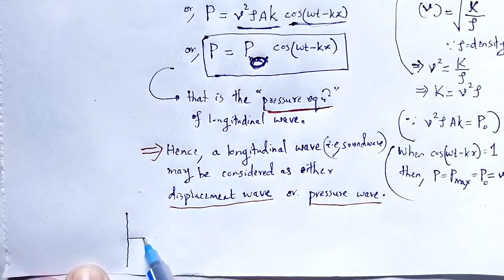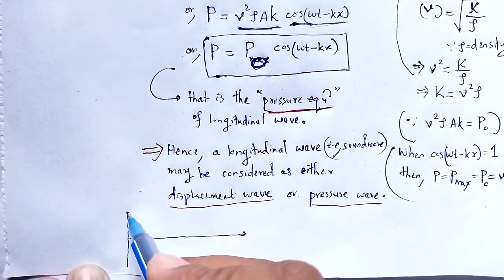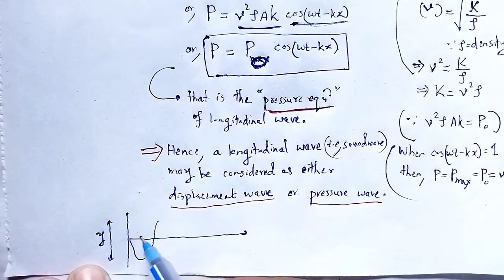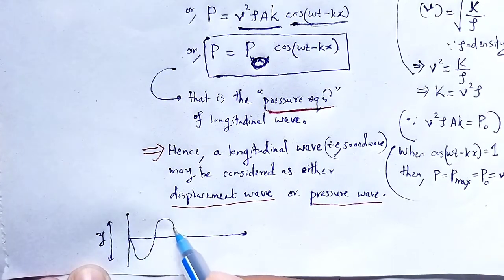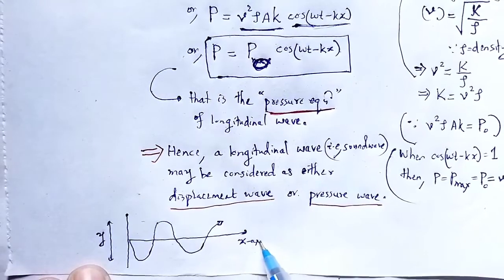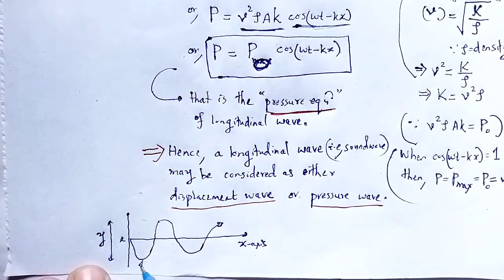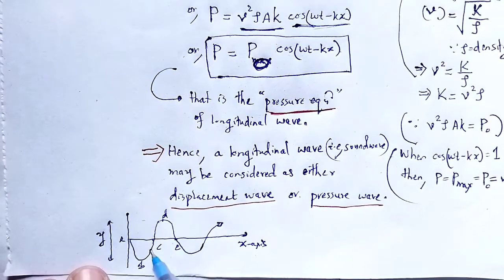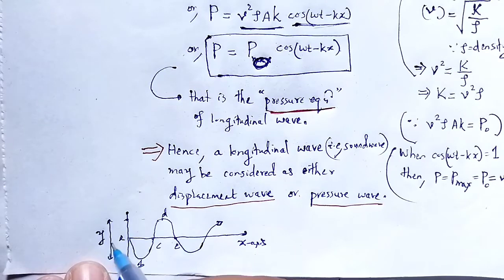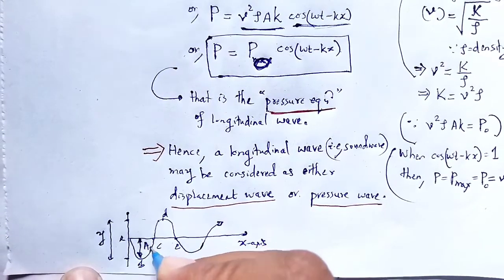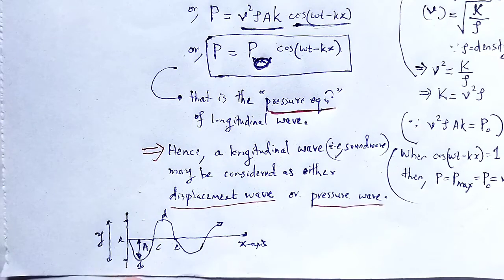If we plot a graph with the displacement y on the axis, looking like this, and this is the x axis, let A, B, C, here D, here E. That be the displacement y, and that be the amplitude A of that wave that travels along the x direction.